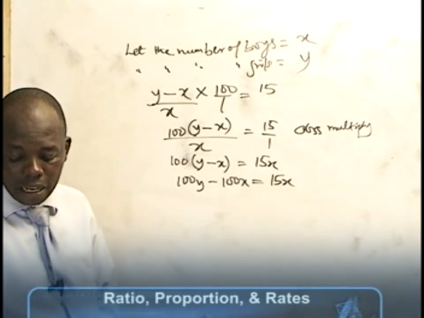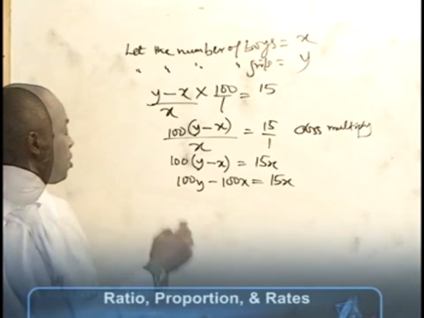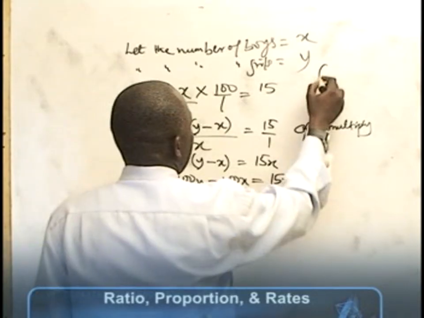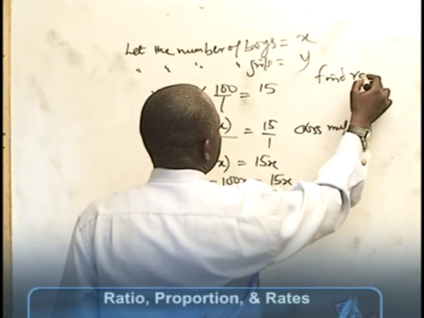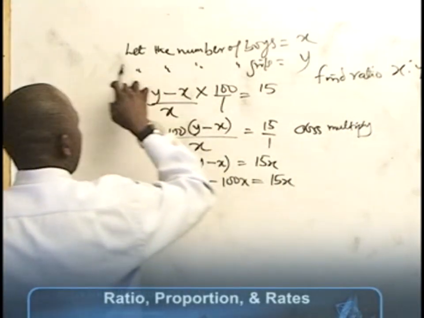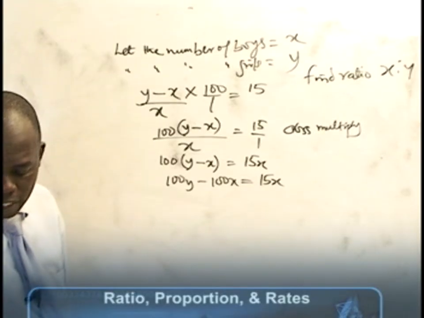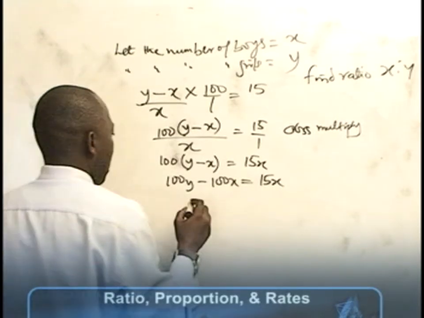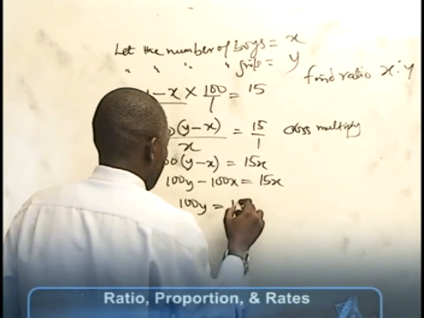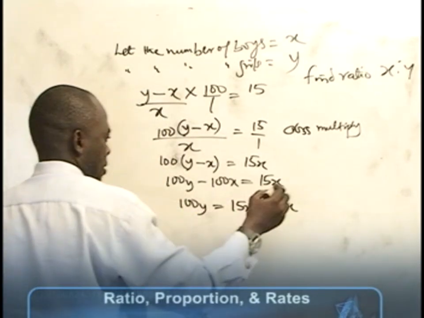For you to have the ratio, because the question says ratio of the number of boys to girls, what the question is asking us to find is X ratio Y. That's the meaning. So now we have 100Y equals 15X plus 100X.